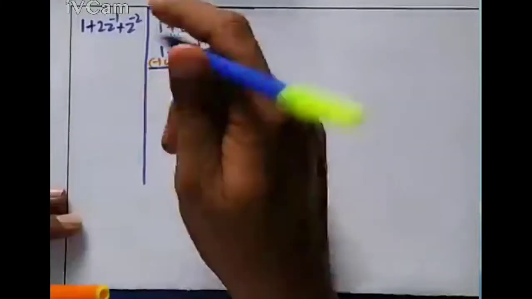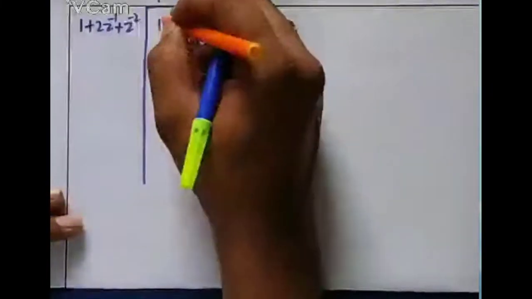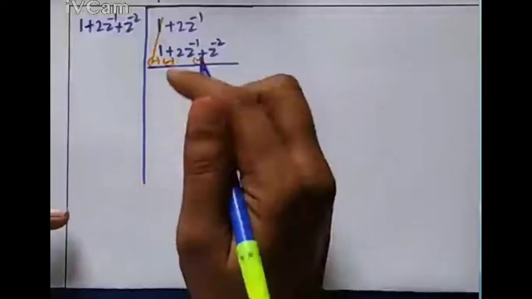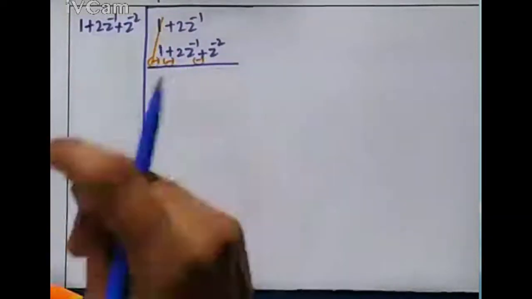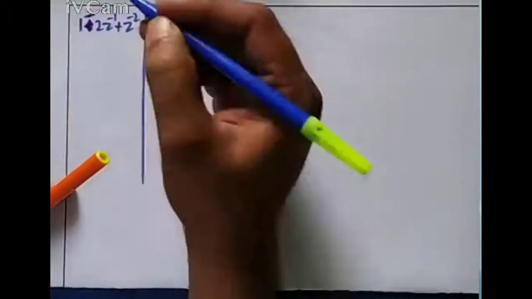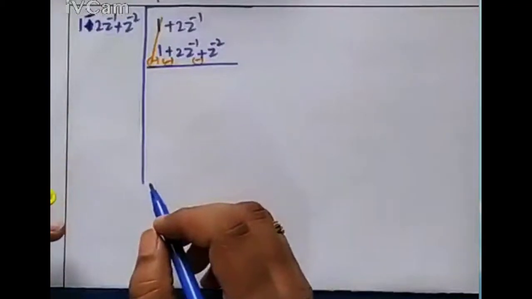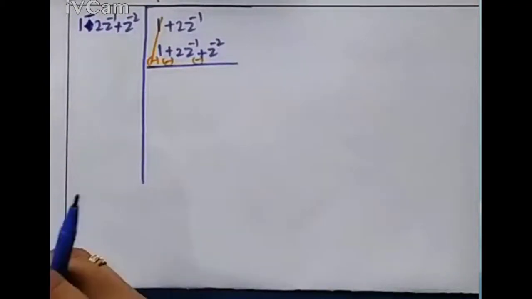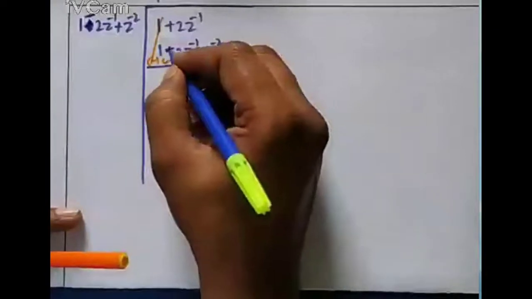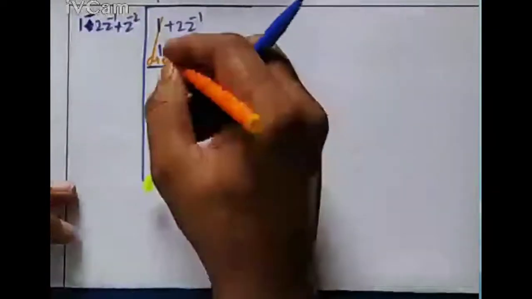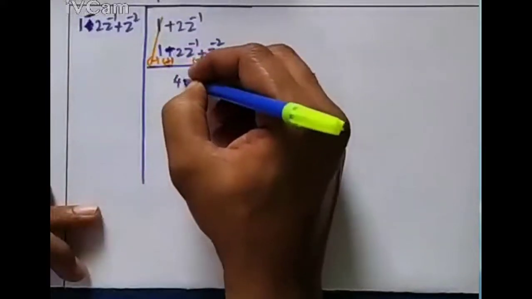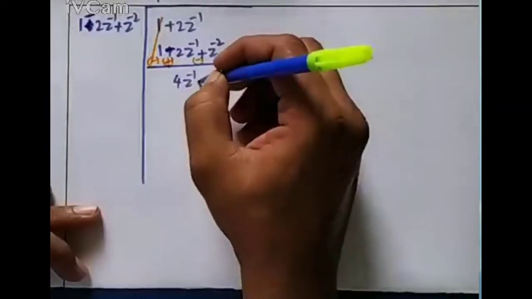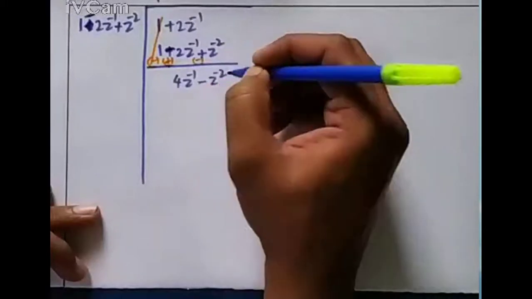Okay, so I will get minus 2z^-1 plus z^-2 — here it is minus, so this will become plus, so I will get 4z^-1 minus z^-2.